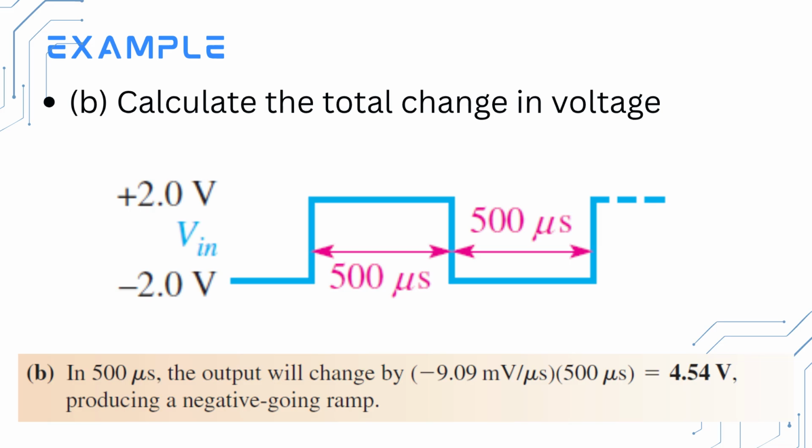To calculate the total change in voltage in 500 microseconds, the output will change by negative 9.09 millivolt per microsecond times 500 microseconds, a total of 4.54 volts, producing a negative going ramp.